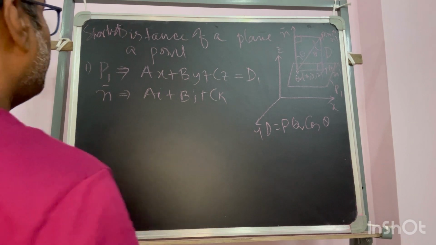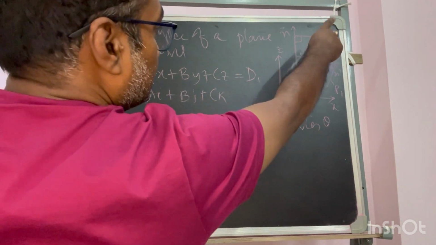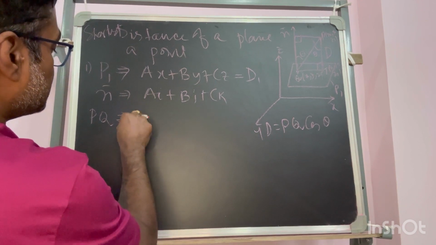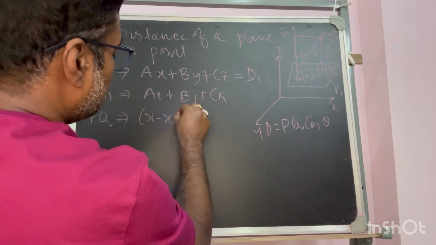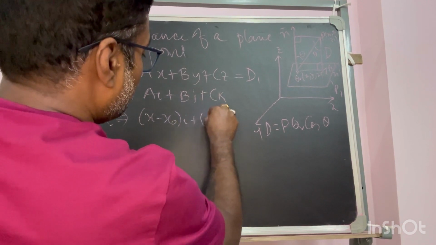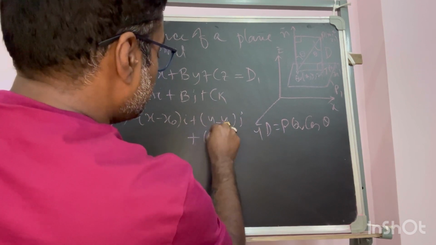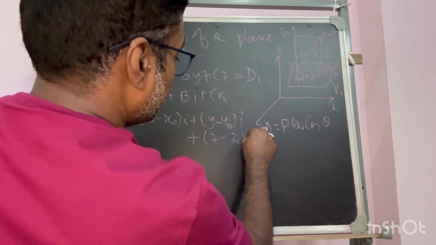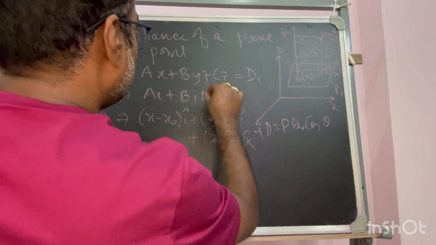And PQ is what? Since P and Q are two points, if I join them it gives a vector PQ, which will be (x minus x0)i, (y minus y0)j and (z minus z0)k. Here i, j, k are the unit vectors.